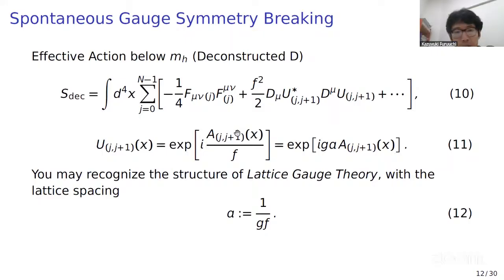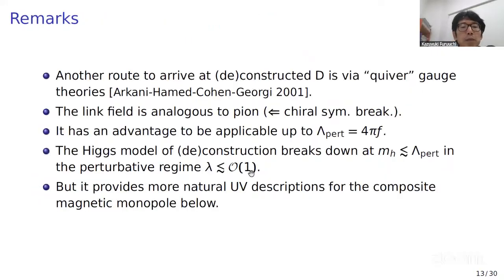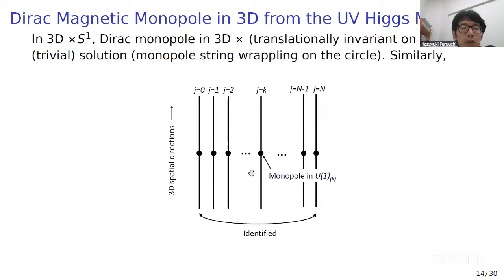Okay, maybe I continue. The monopoles and instantons are important in various places, so let's study magnetic monopoles. In the continuous case, if you have an S1 continuous extra dimension and you trivially put a Dirac monopole at the same place, it is still a solution.